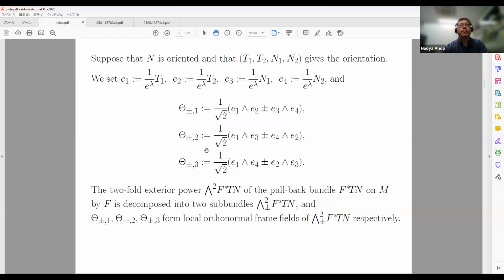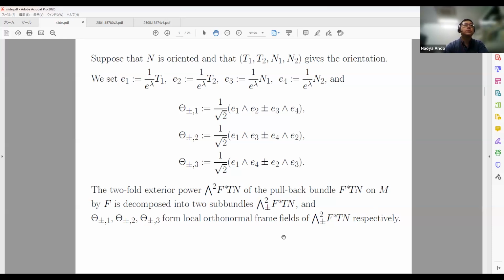E2, E3, E4. The twofold exterior power of the pullback bundle on M is decomposed into two sub-bundles of rank 3. This bundle is of rank 6, and these sub-bundles are of rank 3. These local sections form local orthonormal frame fields of these sub-bundles, respectively.